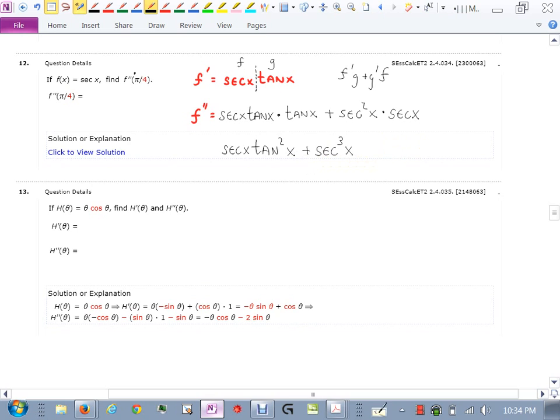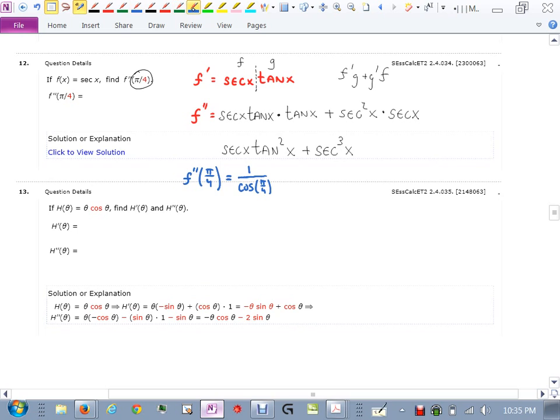Okay, so let's figure out what f double prime of pi over 4 is. Remember, if this helps you, if I want to plug pi over 4 into this, then what I need to do is rewrite secant. Secant is 1 over cosine, and then what I would do is plug in pi over 4.